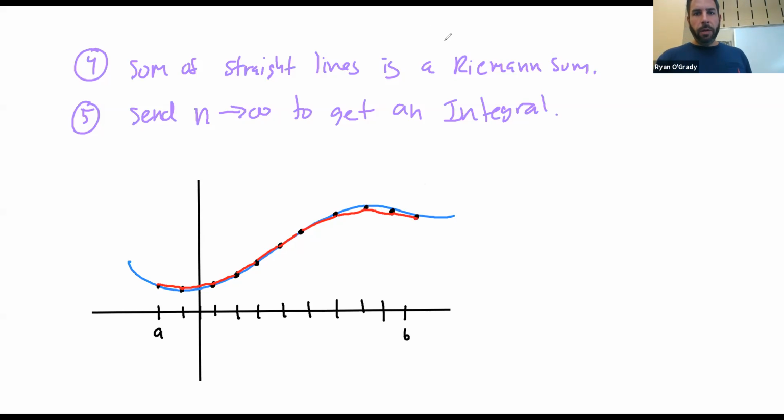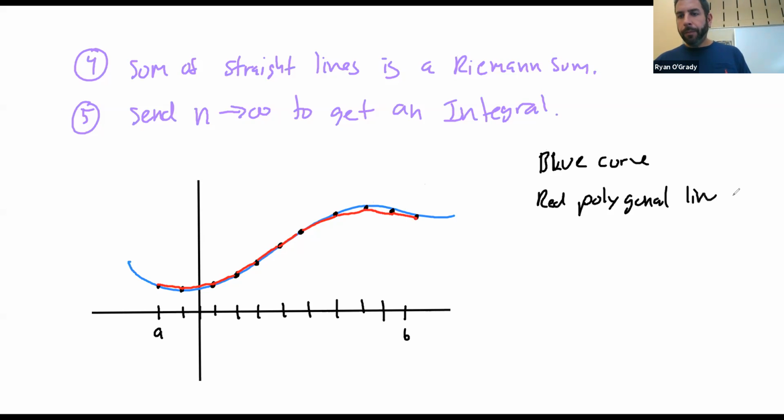So if I put this from here to here, and then from here to here, and so if we wanted to describe this with some fancy words, we could say blue curve and a red polygonal line. And so where the curve is not too steep, the red is almost identical with the blue.